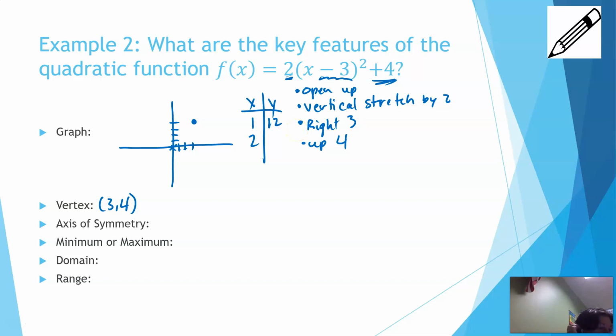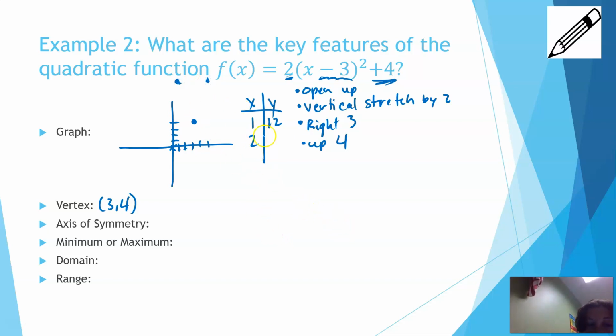Okay? Way up here somewhere. And then, I actually did 1 first, so that's 1, 12, so that would be 2 over. That's why I was getting a little confused.